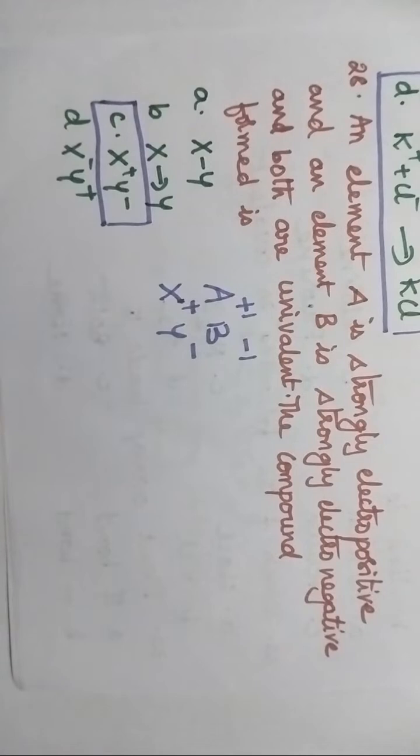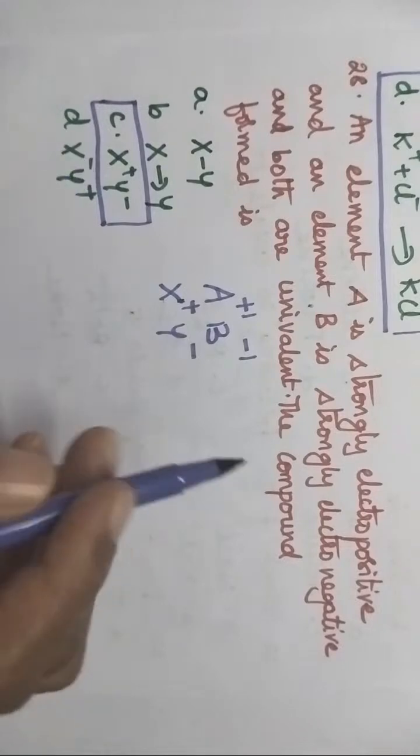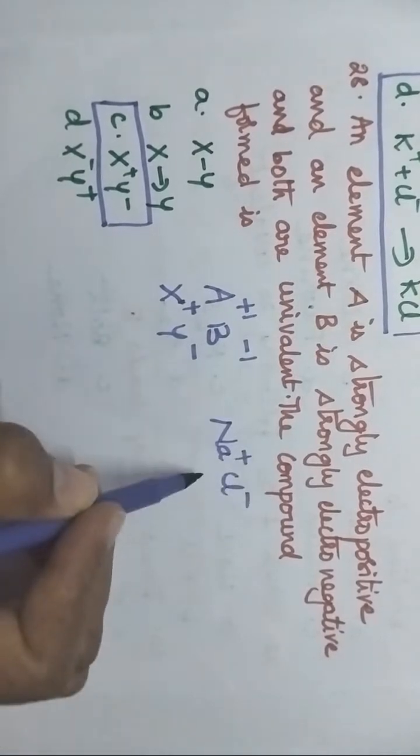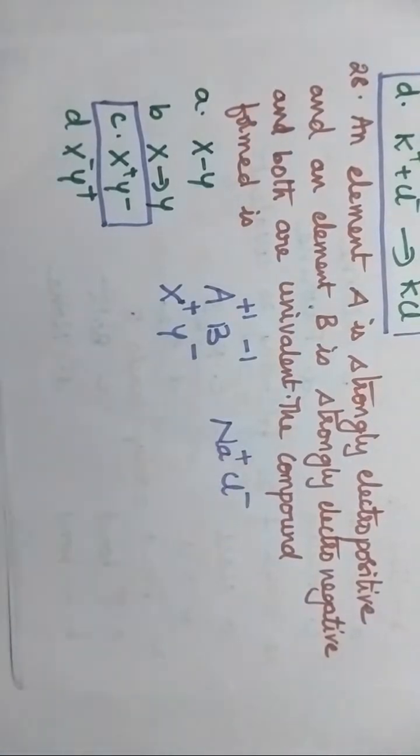Charges never transfer, only the magnitude of the value will transfer. So it is of the type X plus Y minus, Na plus Cl minus. Then the compound formed is Na plus Cl minus only. So here option C is the right answer. Clear? Very good.